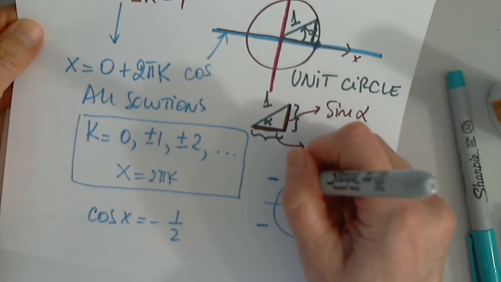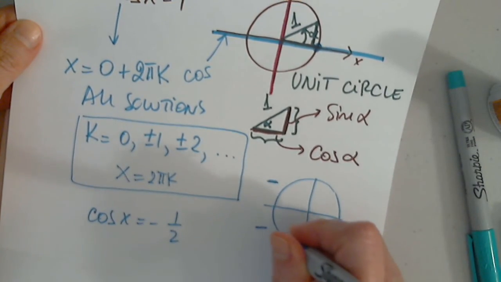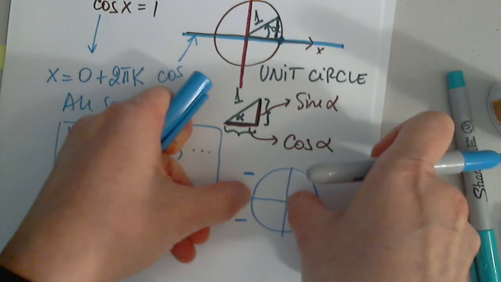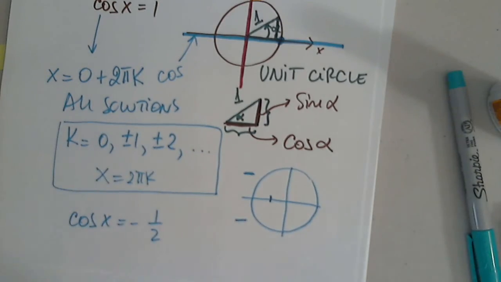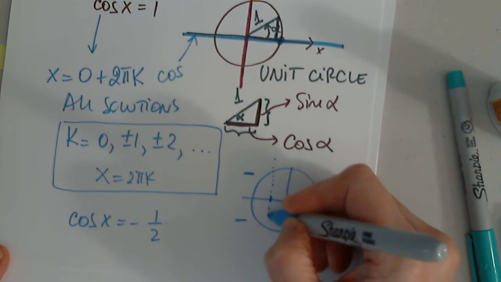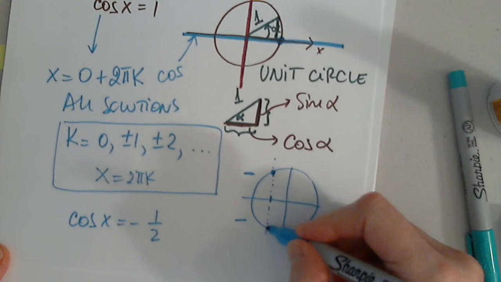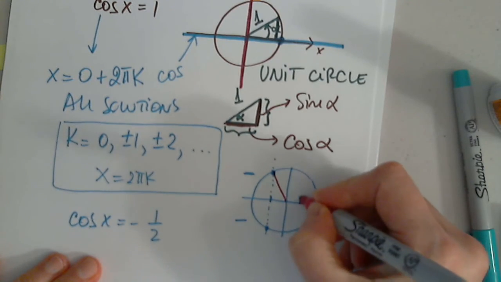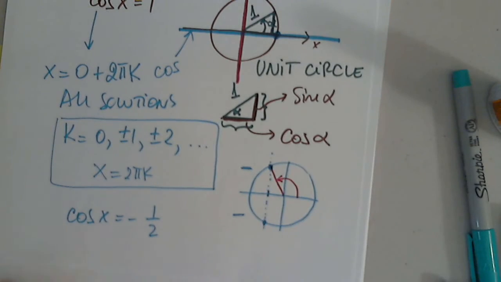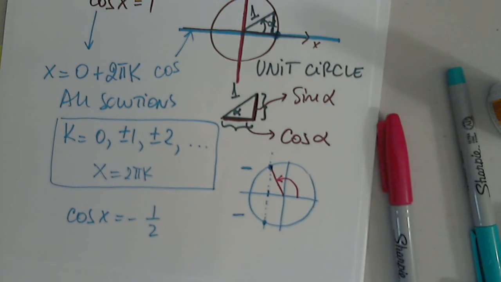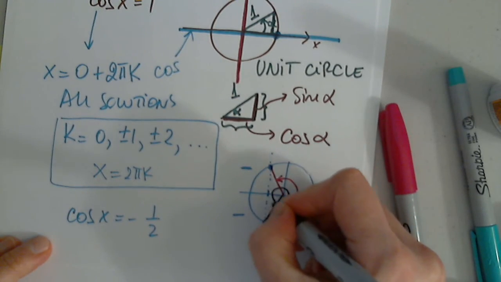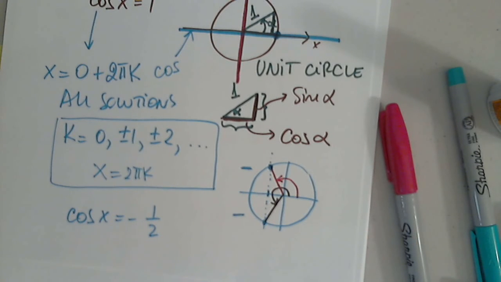One with the terminal side in the second and one with the terminal side in the third. But how much is this -1/2? If this is -1, -1/2 is right in the middle. I will draw an imaginary line to determine these 2 points. And this is one angle. And let me use a different color. Oops. And this is the other angle. So then we will have 2 different solutions.